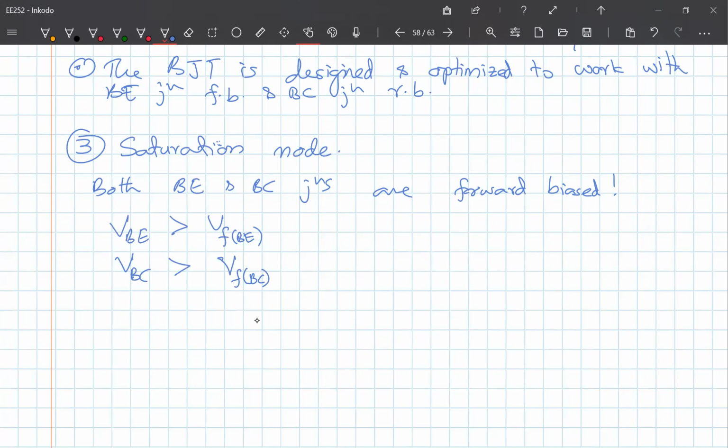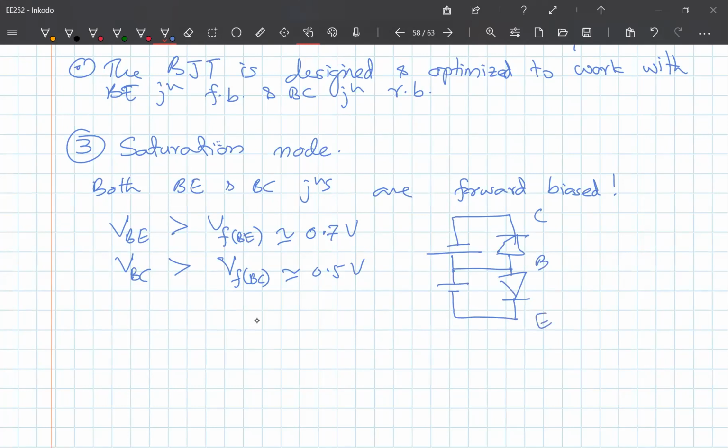For example, VBE, we said, is about 0.7 volts, and this is about 0.5 volts. If you look at the arrangement, what you have is the diodes, this is forward biased, and this is forward biased. Base, collector, emitter, something like that.